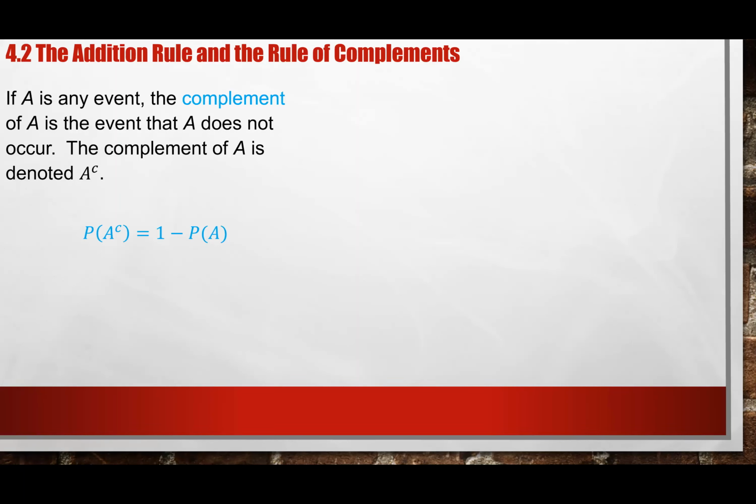What is the probability of not rain? You take 100 minus 35, so you have 65%. The probability of not rain would be 65%. That's the idea of the complement: we take the total minus what we have.